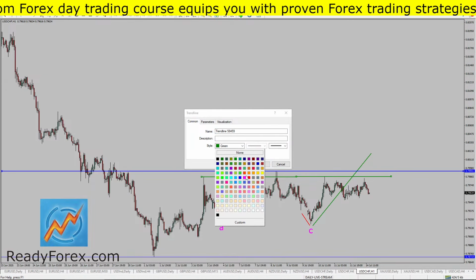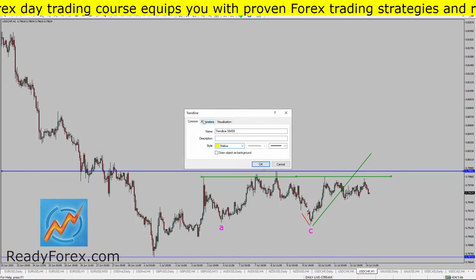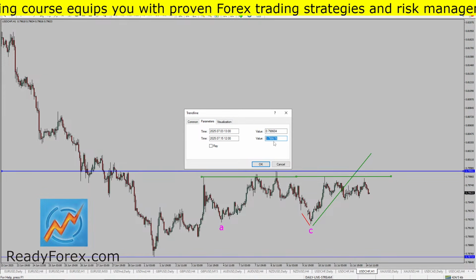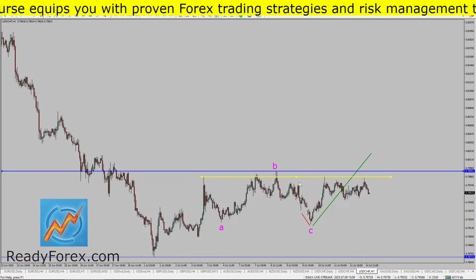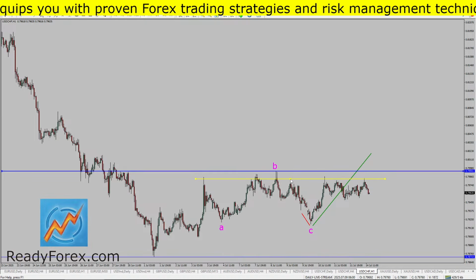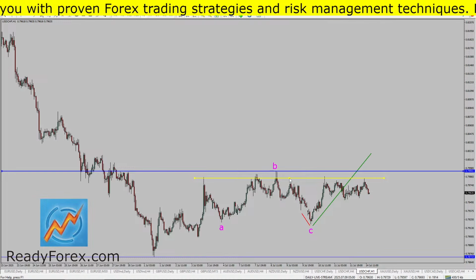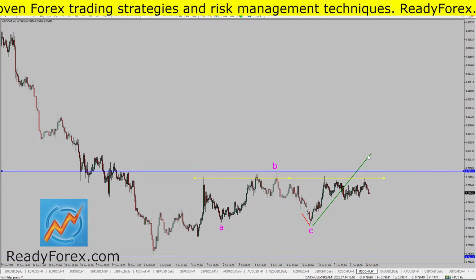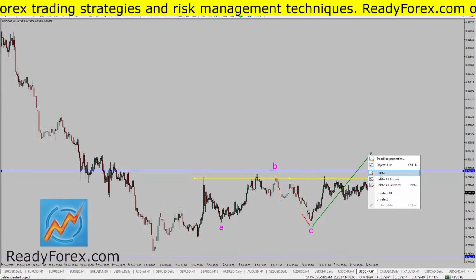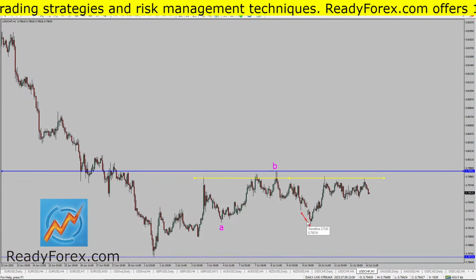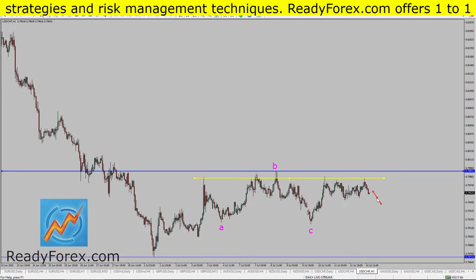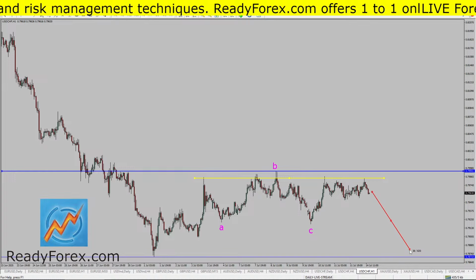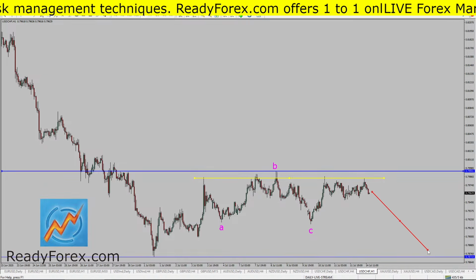This resistance is telling that the market wants to move sideways, or it's going to waste more time, or the way I see it, it's probably going to drop. These things usually break to the downside. So in my humble opinion, price action is most likely going to drop inside the US dollar Swiss franc currency pair.